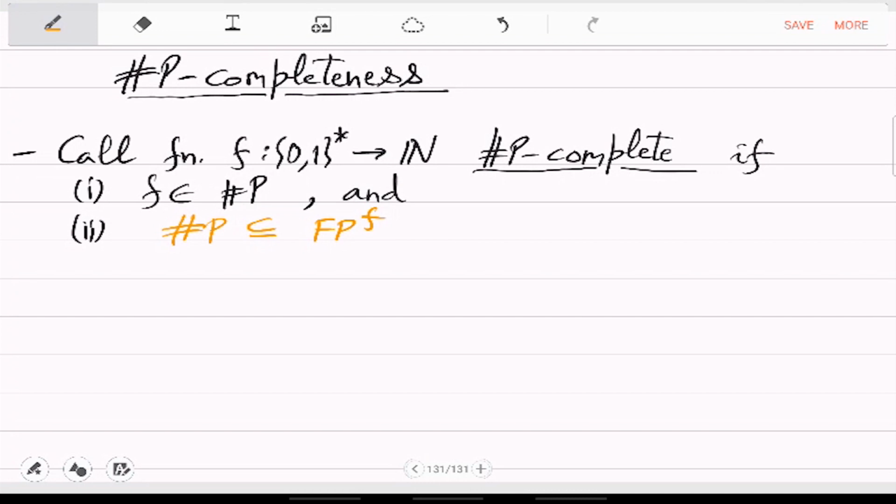So this is called #P hard. So what this is saying is that f is #P hard. If it is also in #P, then it becomes #P complete. This thing, by the way, is also called Turing reduction.